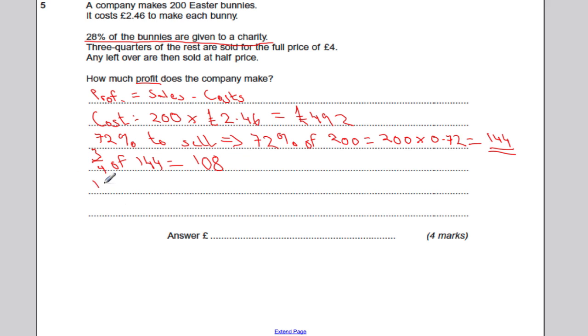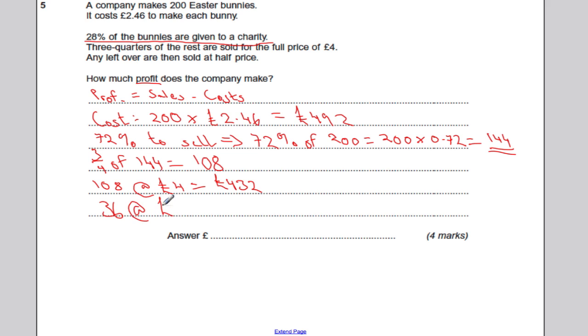So 108 bunnies at the full price of £4. So multiplying that by 4, we get 432. And it says the rest, which is 144 take away 108, in other words 36, are going to be sold at half price.